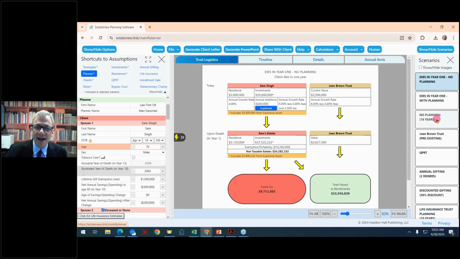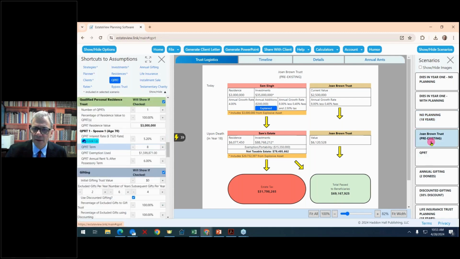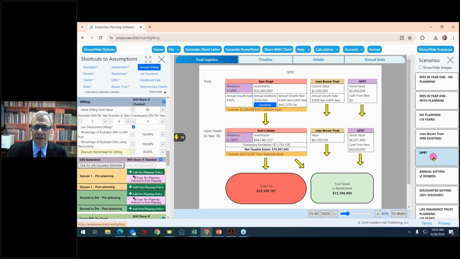If he dies in 18 years with no planning, I click on that on the right. Now his estate tax is $31 million, the credit shelter trust is $6.1 million, and the total passed to descendants is $69 million. If he does the QPRT, the Qualified Personal Residence Trust, I click on QPRT.